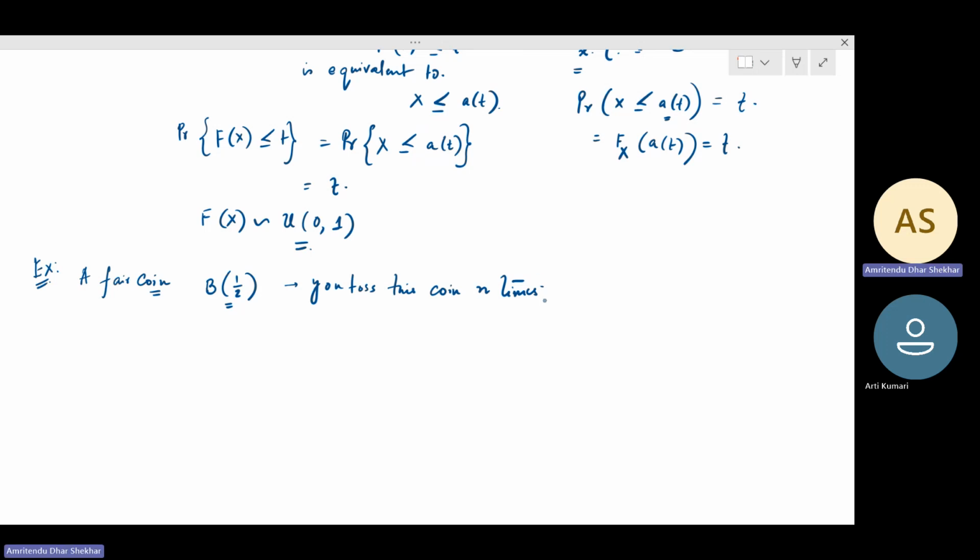Assume that each toss is independent of the other.